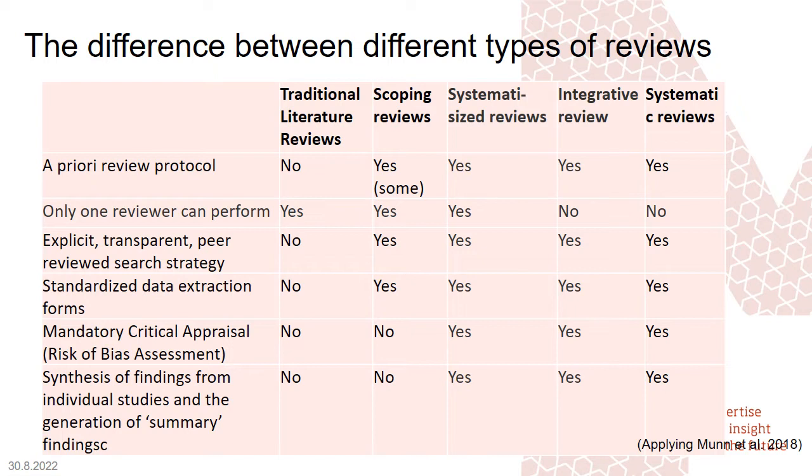Also, synthesis of findings from individual studies and generation of summary findings is mandatory in systematized, integrative, and systematic reviews, but also recommended in scoping reviews, not mandatory, but recommended.